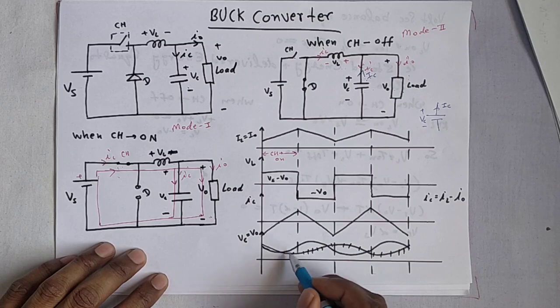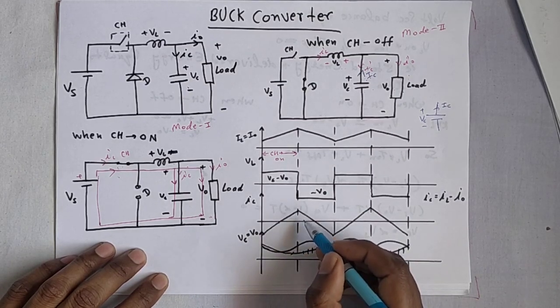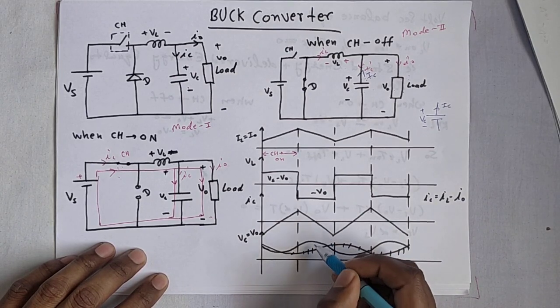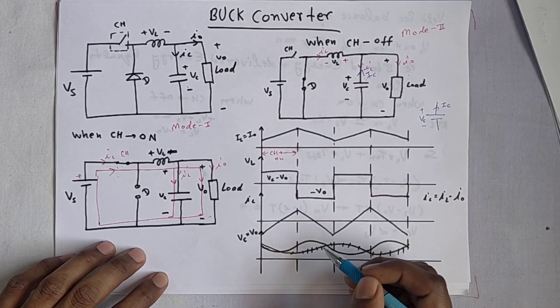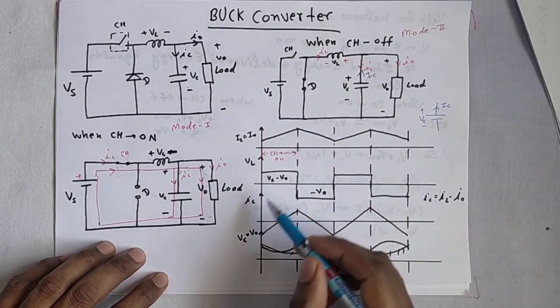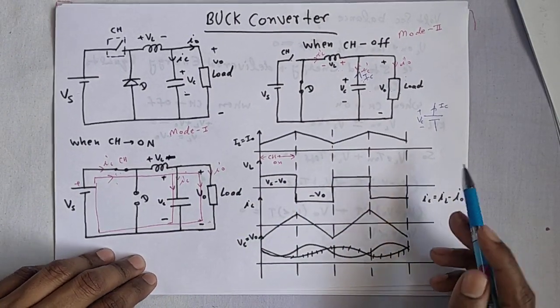So this is the waveform of the capacitor. You can also say that the current in the capacitor will lead the capacitor voltage by approximately 90 degrees. So this is the voltage waveform of the buck converter.